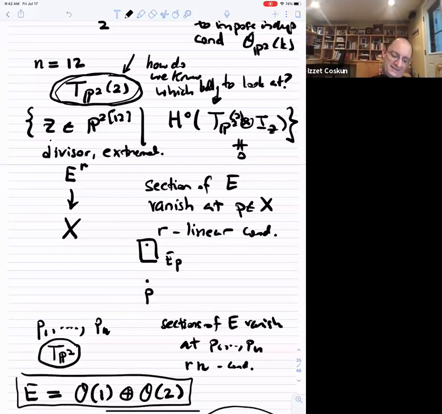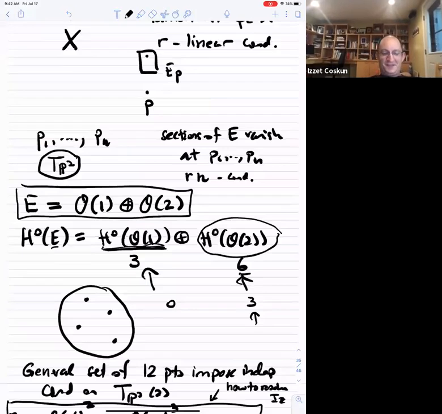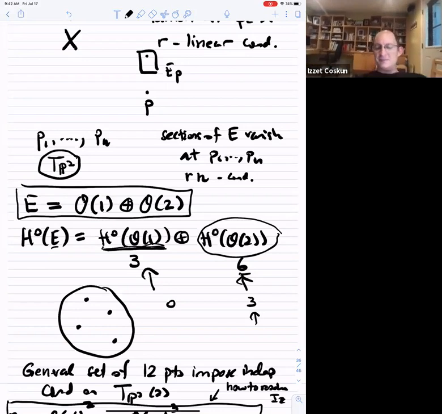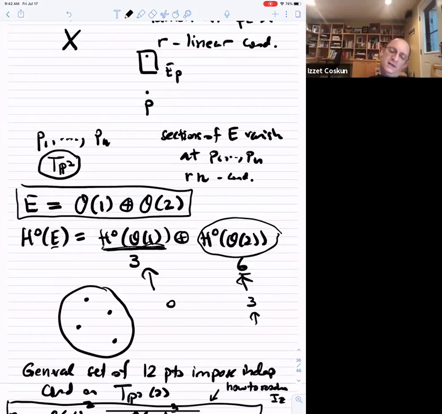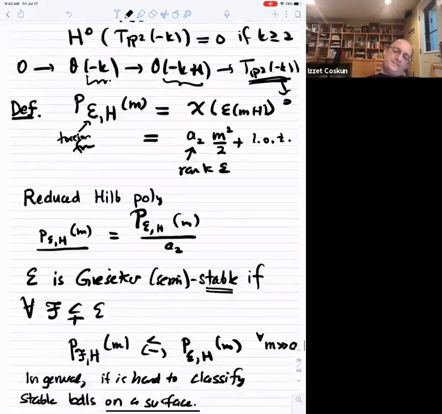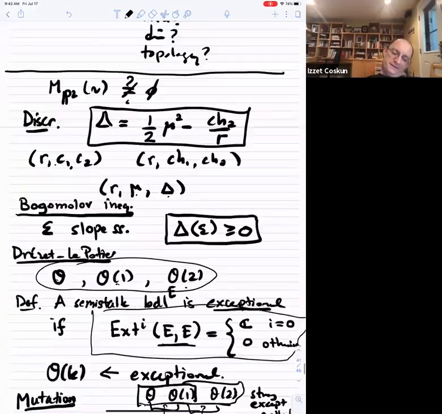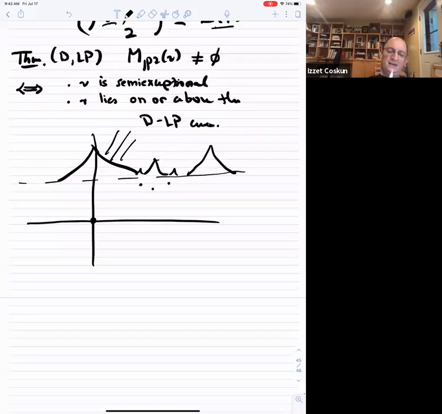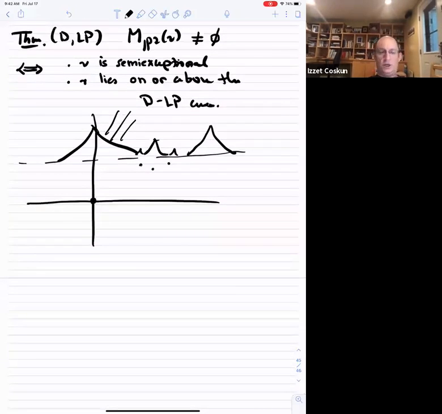And I hope I was able to convince you that if you want a sensible divisor, then you can't have subsheaves that have too many of these sections. So this bundle had better be stable, okay? So by getting the classification of stable bundles, we have a way of thinking about which divisors we can look at, okay?